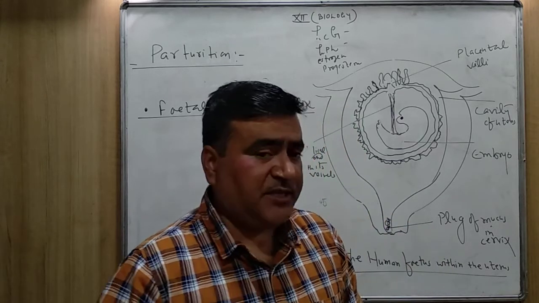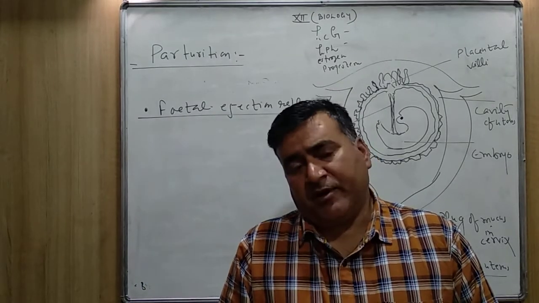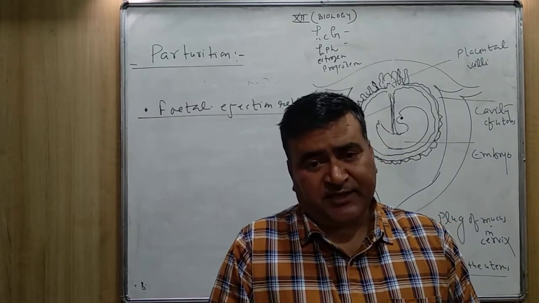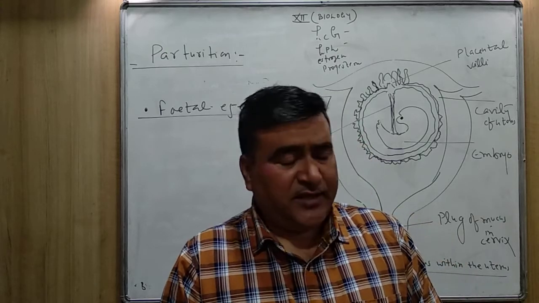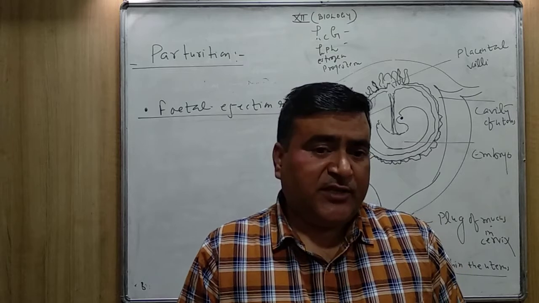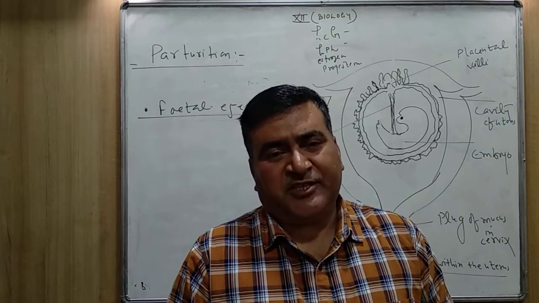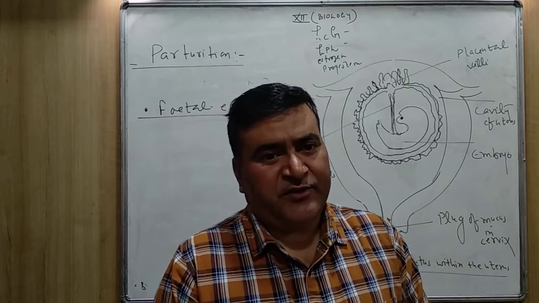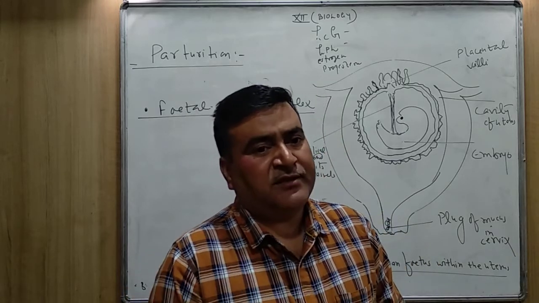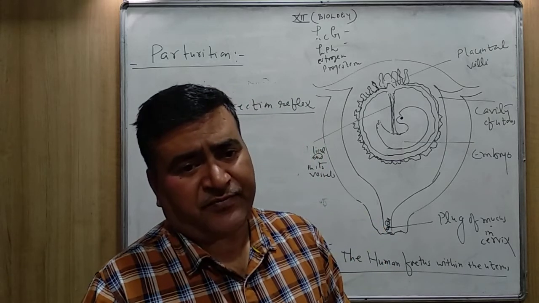Sometimes at the time of childbirth, during the process of delivery of the child, if the proper oxytocin hormone is not secreted, then the doctor sometimes injects oxytocin from outside, so it brings a very strong muscular contraction of the uterus, and the fetus comes outside and the process of childbirth takes place.